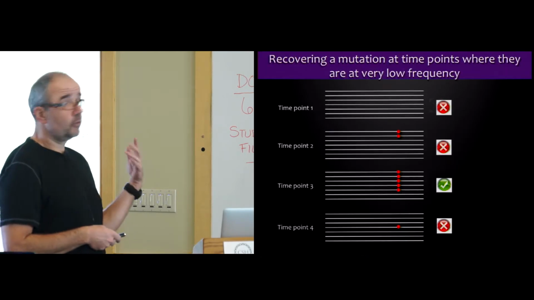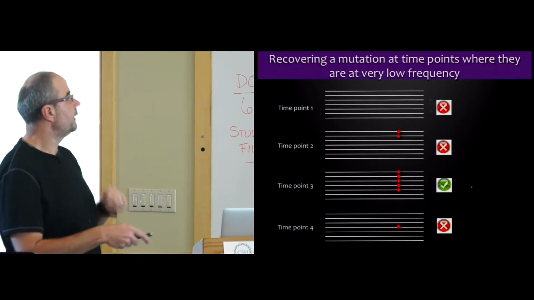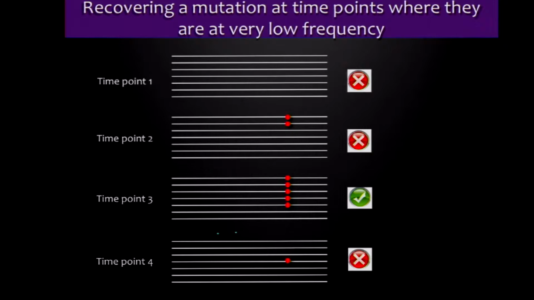Similarly for tumor variants, suppose that at this time point we see this variant at high frequency, and our previous analysis wasn't convincing enough to call these when we looked at them in separation, but now we look at them all together in a single variant calling step.